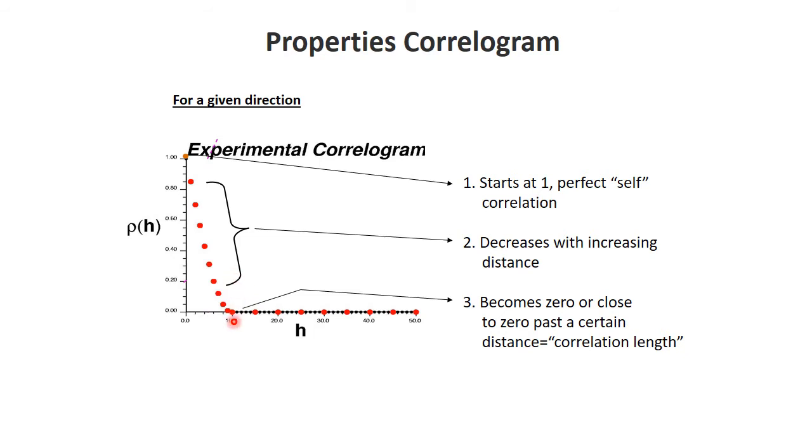At some point, that correlation will become 0. Here, it's exactly 0. That doesn't have to be the case; it may fluctuate around 0. So there's a distance here of, say, 10, beyond which we see no correlation. That means that, on average, between any two values that are more than 10 units apart, we see no correlation.